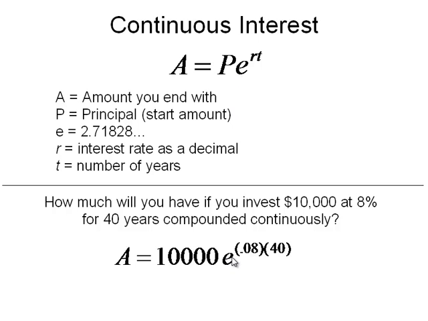And then the power is 0.08 times 40. When you type in your calculator 10,000, then to get the e, you push second LN, and then 0.08 times 40, you should get 245,325.302. So it's close to what we had earlier. It just should be slightly more.